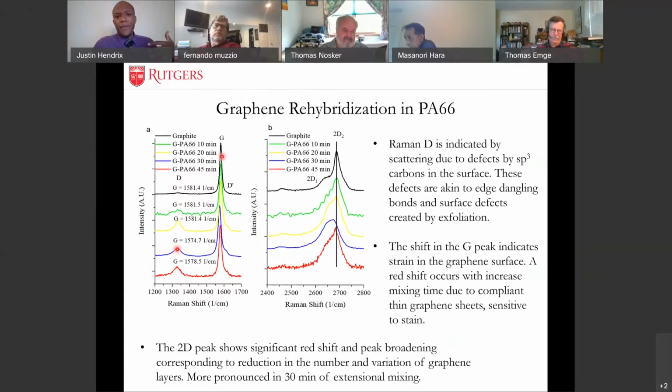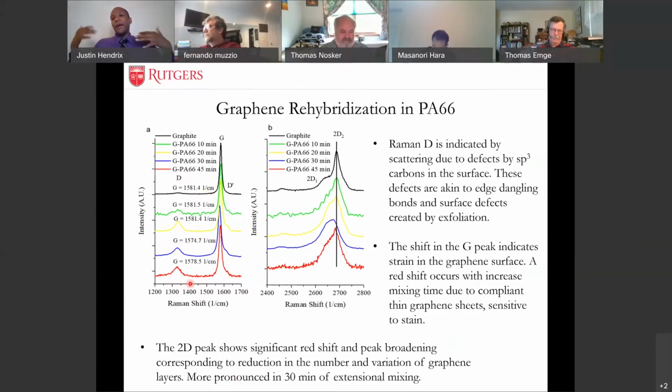The next thing that we're going to look at is the G peak, which is the in-plane vibrational mode. There's a shift in the G as you go beyond 20 minutes. We believe that shift is because we're creating these small, really thin graphene sheets that are much more compliant, so they're very flexible and very sensitive to substrate effects.